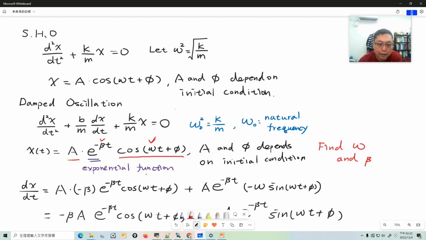So how can we find the angular frequency in the damped oscillation and its beta? Just put this assumed solution, our guess solution, back into the differential equation.